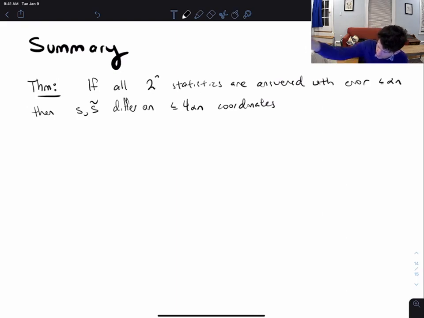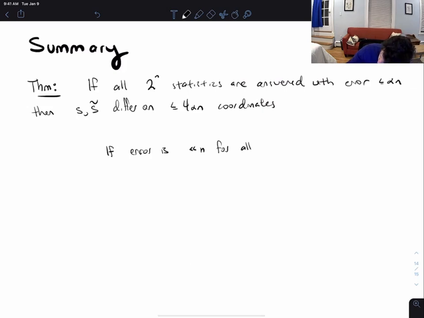And what does this really mean? It means that if the error is much smaller than n for all queries, then I reconstruct almost n secret bits correctly.